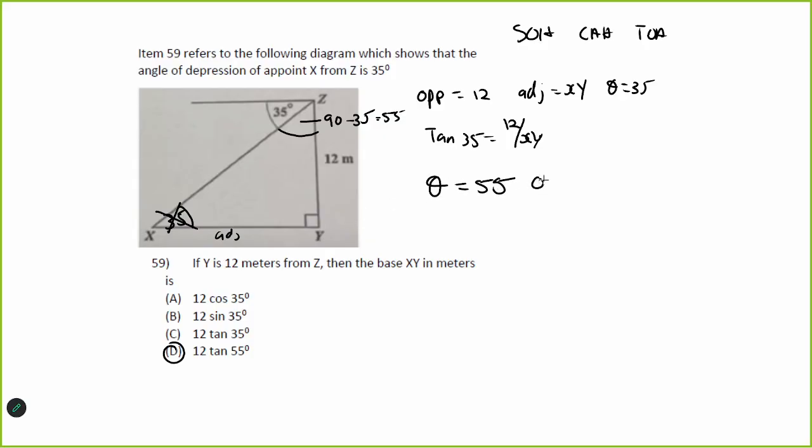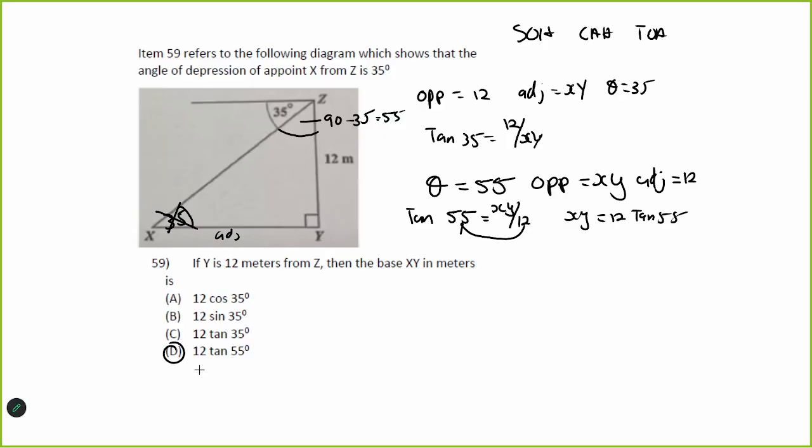We want the opposite, which is xy, and the adjacent is equal to 12. So tan 55 is equal to opposite, xy, over 12. Carry that across. So xy is equal to 12 tan 55. So the answer is D.